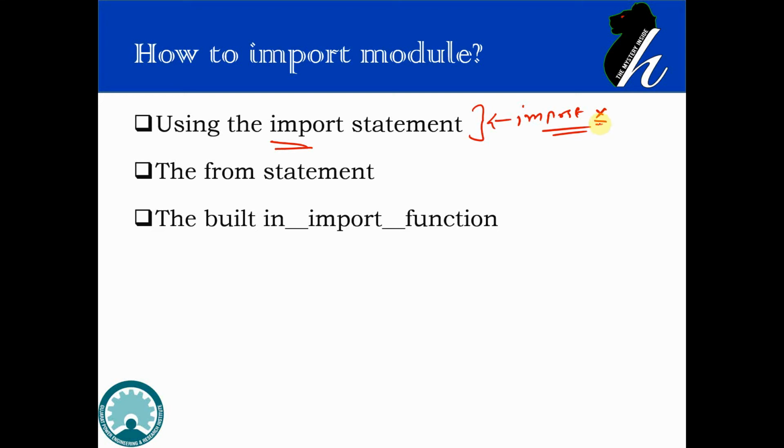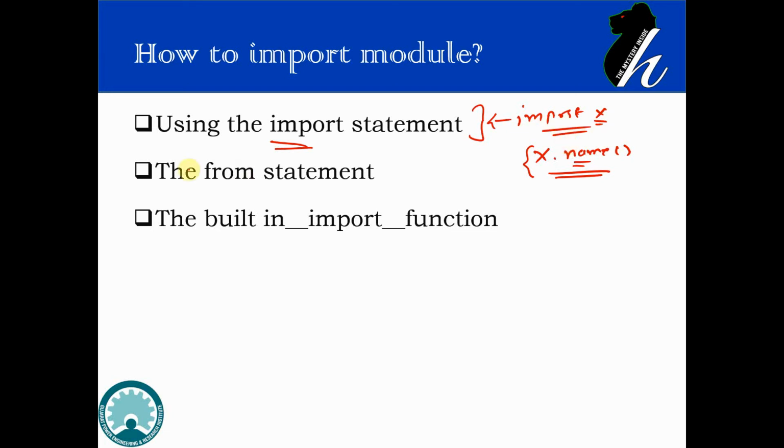After this statement, we can use x dot, let's say, name, to refer to things within that module. Let us assume name is a function declared in module x. So you can refer to things this way.